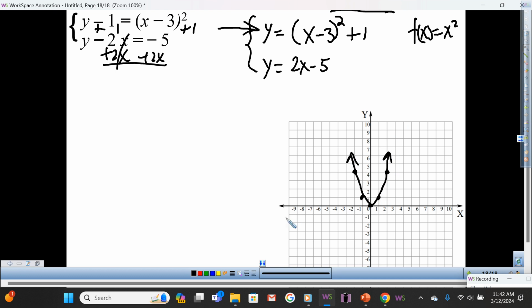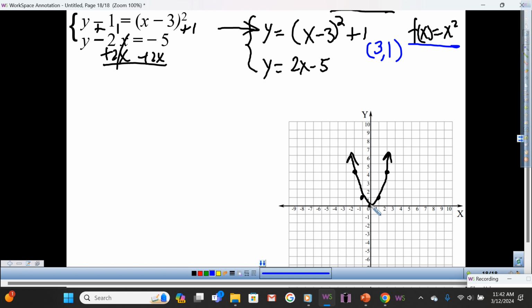However, in blue, where am I going to move this according to that? Tell your neighbor. Where are we moving that one to? What's my new vertex? 3, 1.